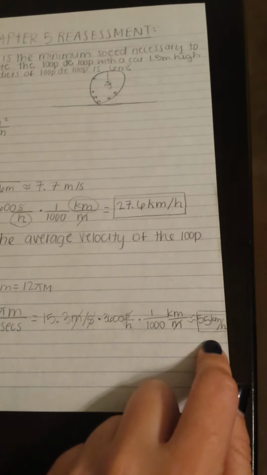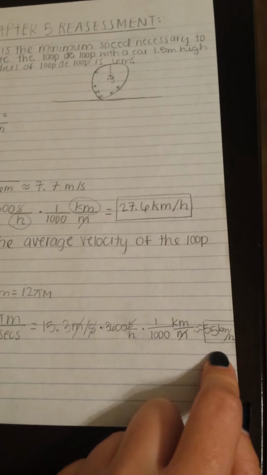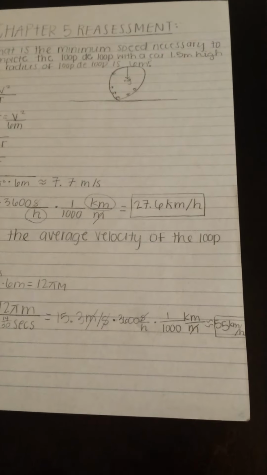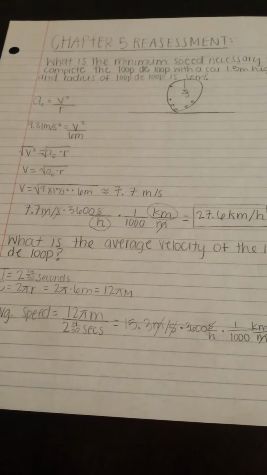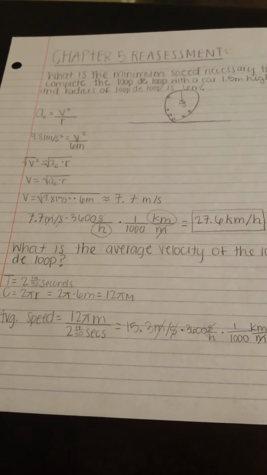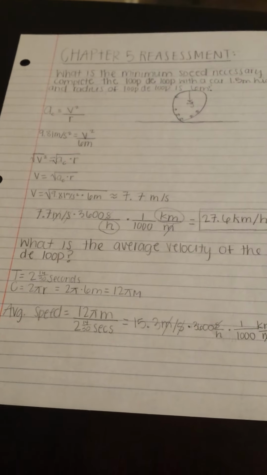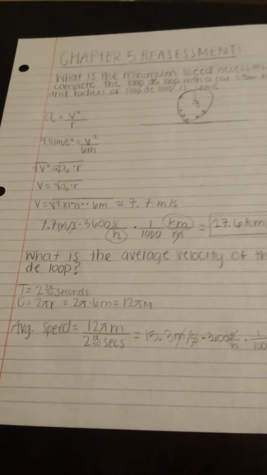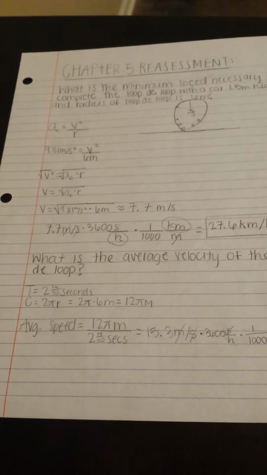And that would give you approximately 55 kilometers per hour. And that demonstrates how to find speed and velocity when dealing with circular motion.